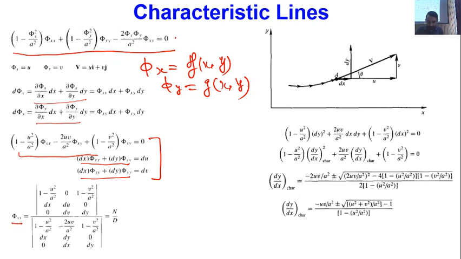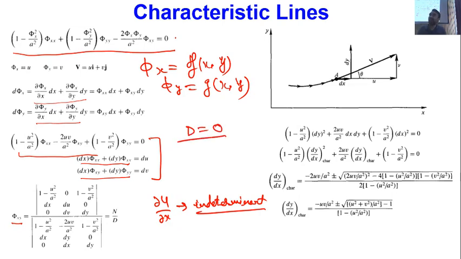Okay, so one important point is, for characteristic direction, del u by del x has to be indeterminate. So if you make your D, the denominator, equal to 0, then phi xy will become infinity, not indeterminate, then this derivative will become nothing but infinity.